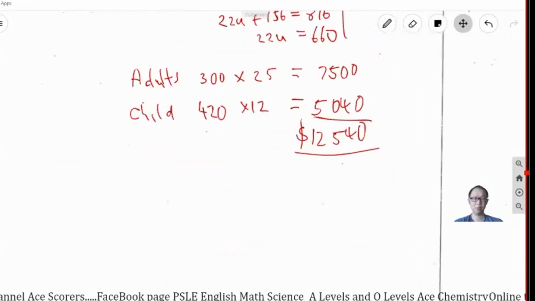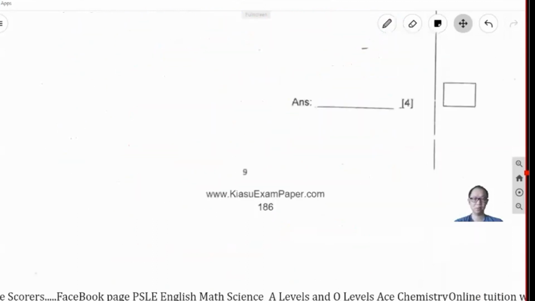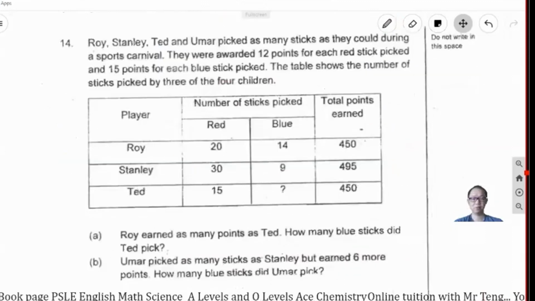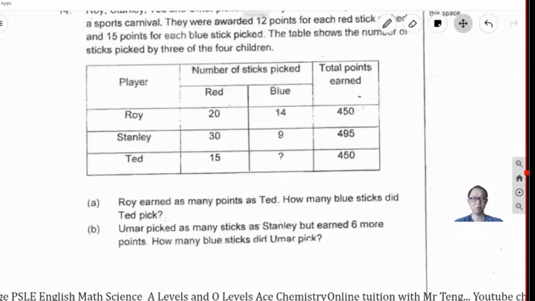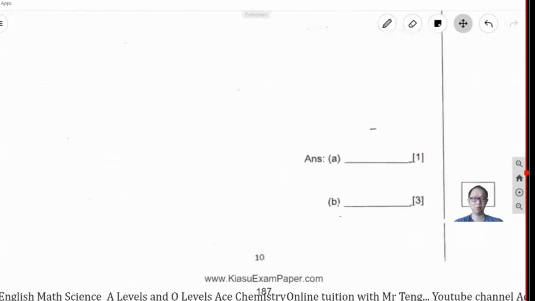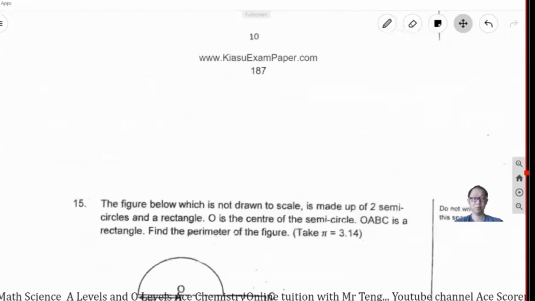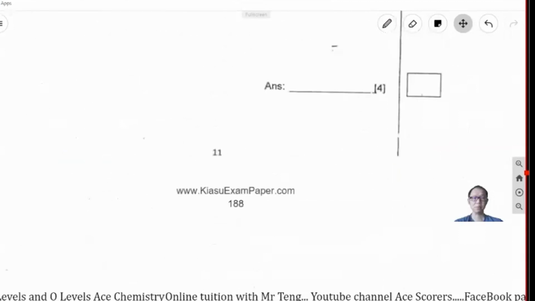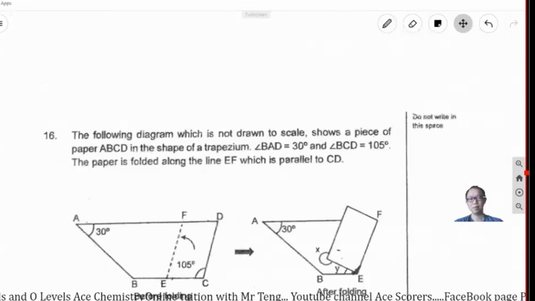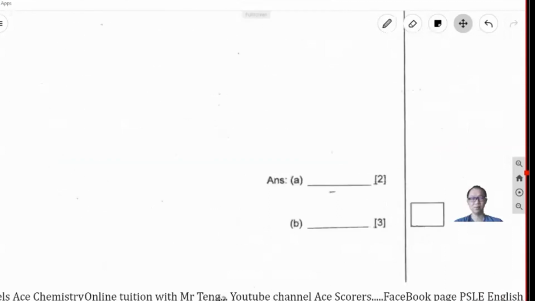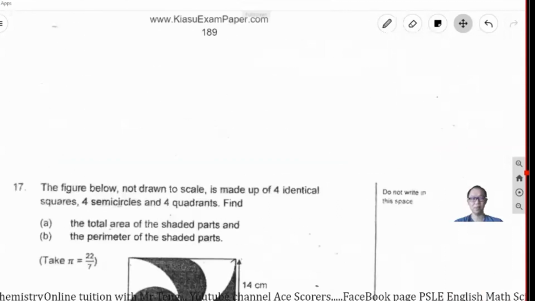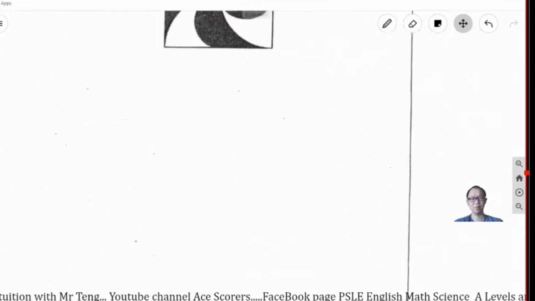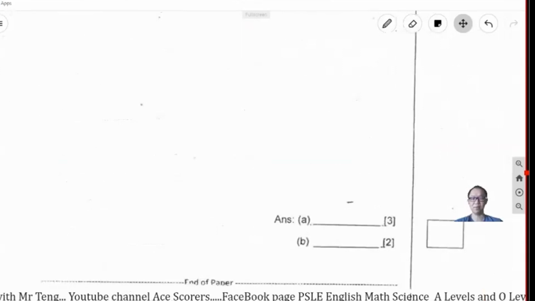Skip. Move on. Let me find another one. 5 marks one. This one looks easy. Let's see the last one. Oh man, I don't like this. Here's another one that I don't like. That's the end.